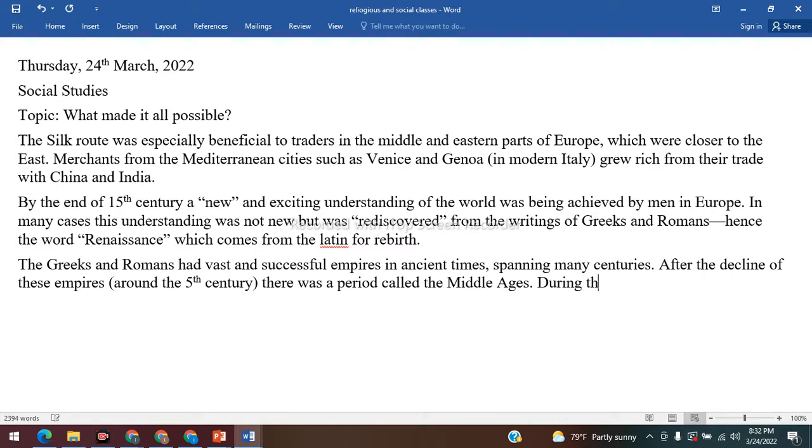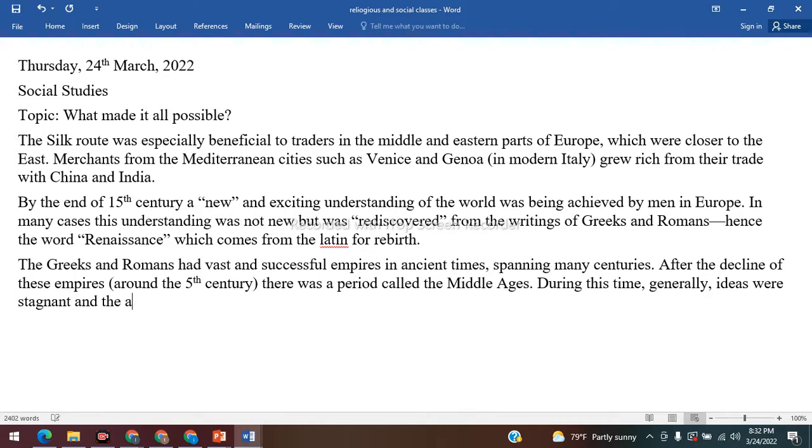During this time, generally, ideas were stagnant. What do we mean by stagnant? All over the place? No. Together?